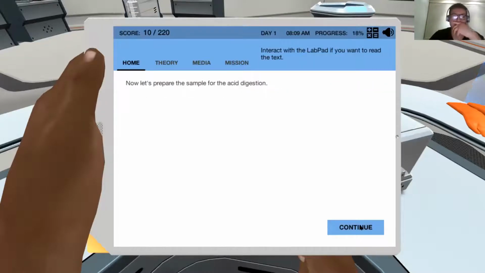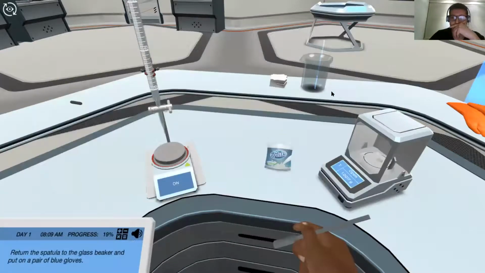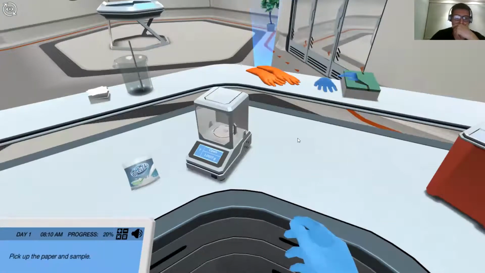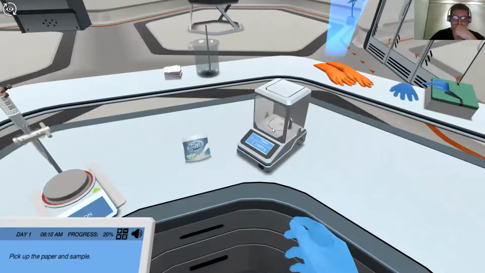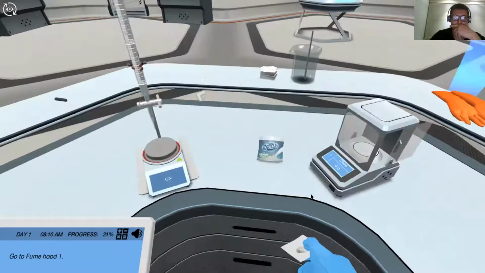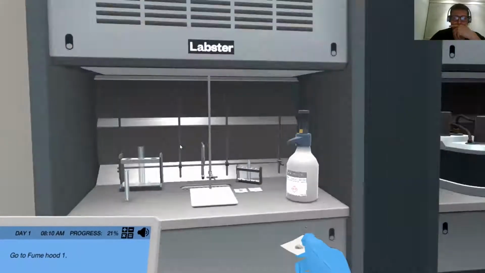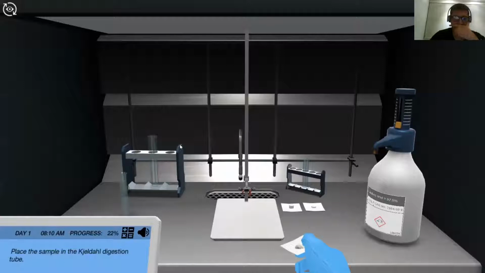Now let's prepare the sample for the acid digestion. Return the spatula to the glass beaker and put on a pair of blue gloves. Pick up the paper and sample. Go to fume hood 1. Place the sample in the Kjeldahl digestion tube.